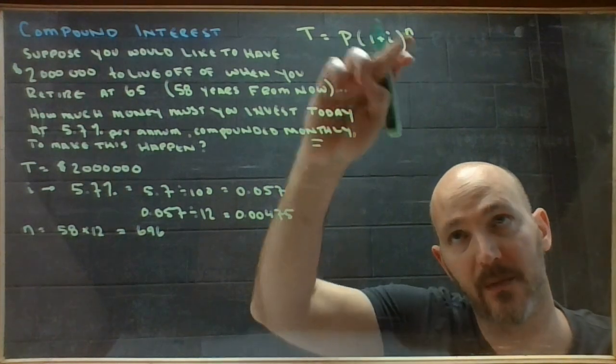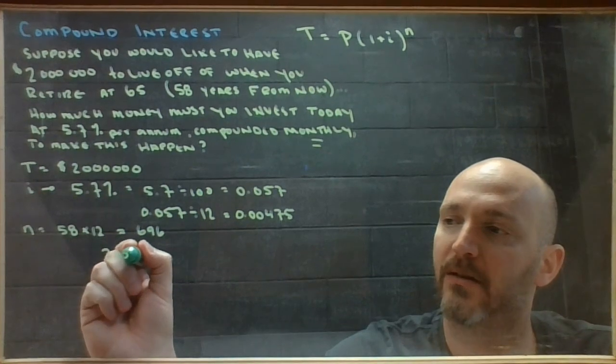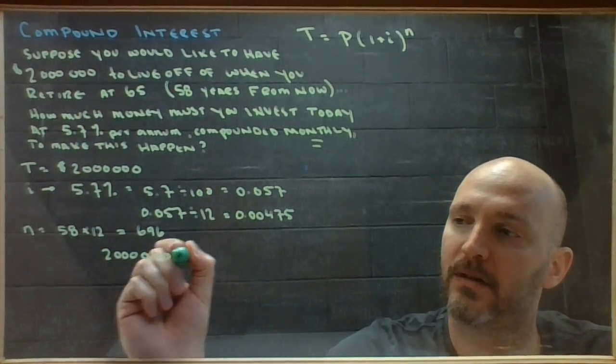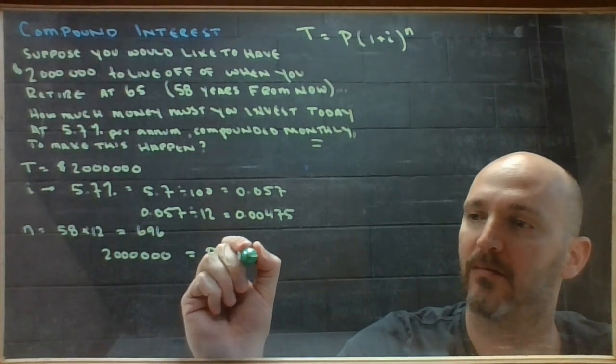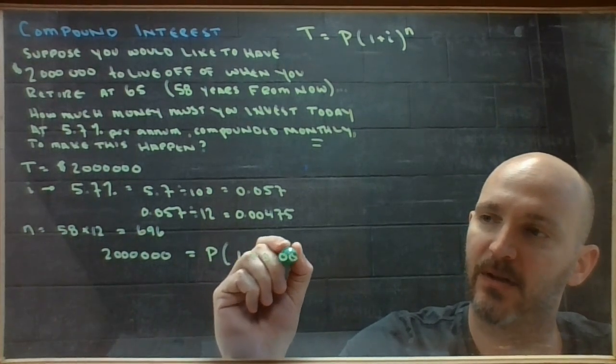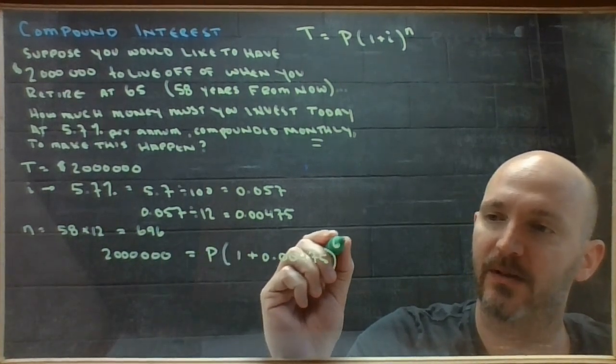All right, so I have a formula there. So in it goes: $2 million is the principal amount multiplied by 1 plus 0.00475 to the exponent 696.